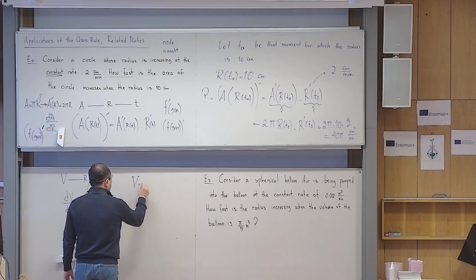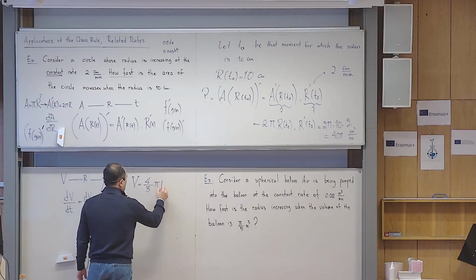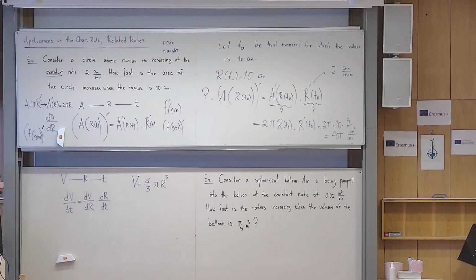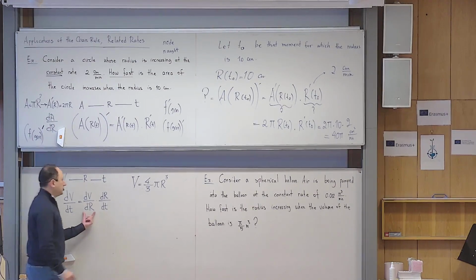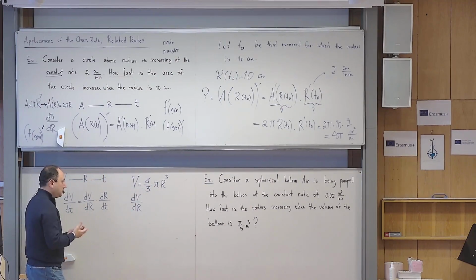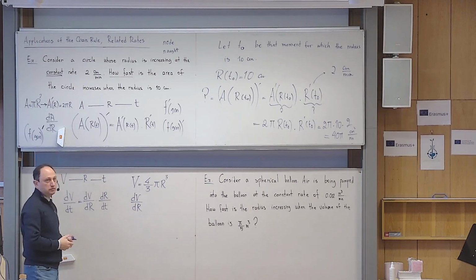You read it or you have it in your memory. The volume of a sphere is 4/3 of pi times R cubed. This one is very easy. What is the meaning of this one? It tells you to differentiate this function as if R is your variable.